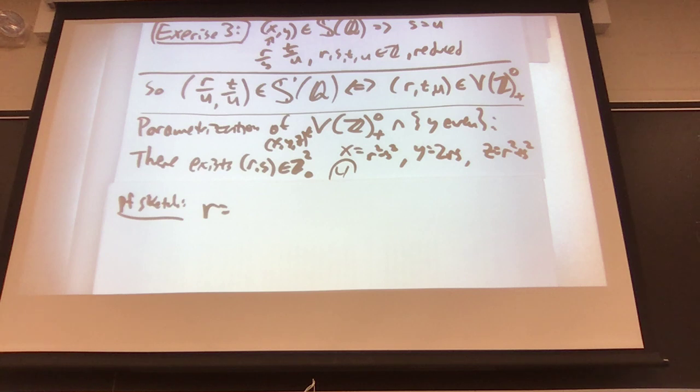Everybody's still working, okay, good. This is so z squared minus y squared is x squared. Is anybody totally stuck and doesn't even know where to start? Okay.